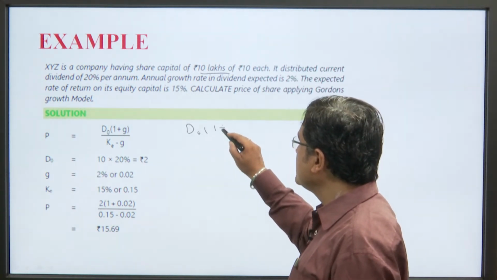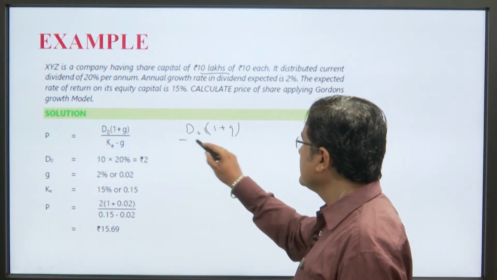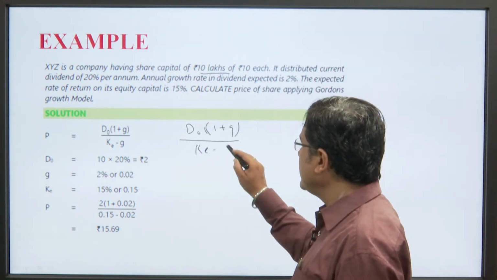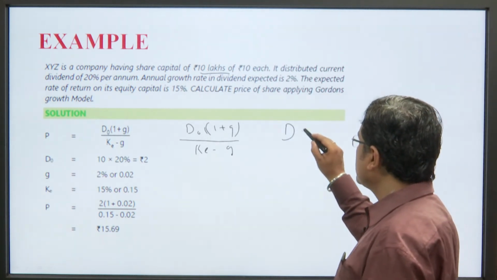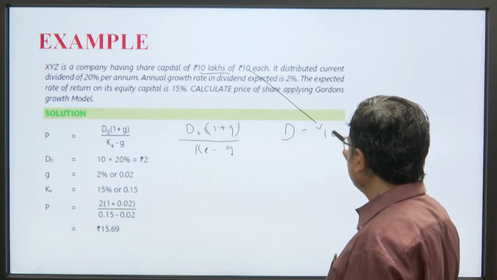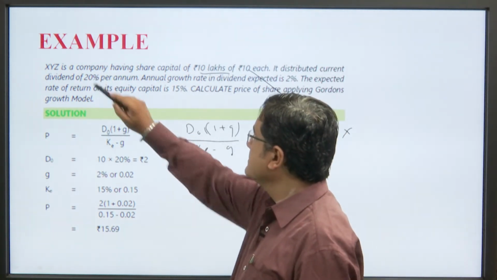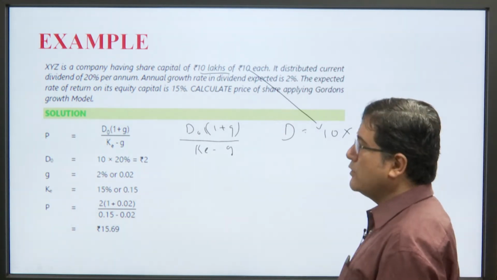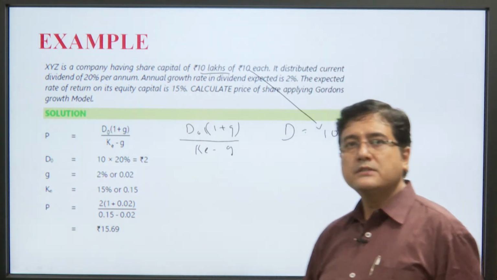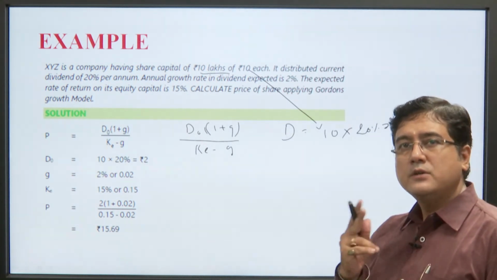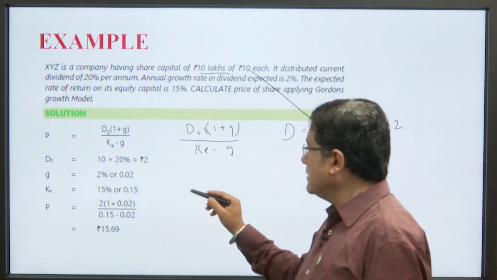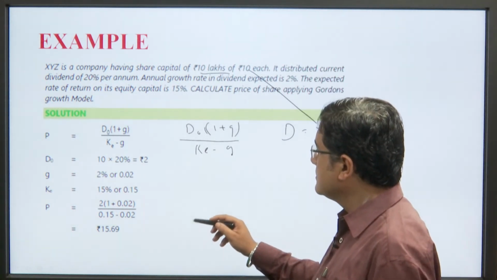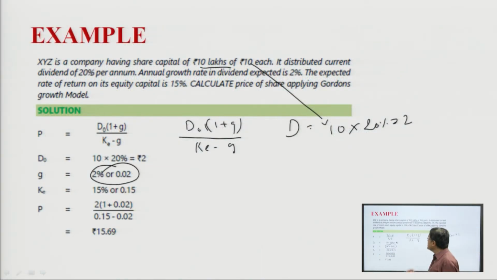Now, D equals 10 into 20%, so the value of D is rupees 2. G, clearly defined, is 2%, or 0.02.